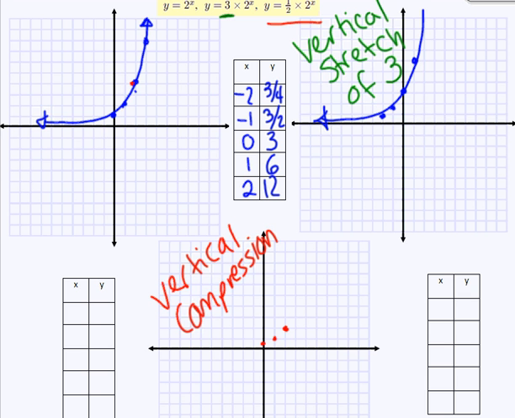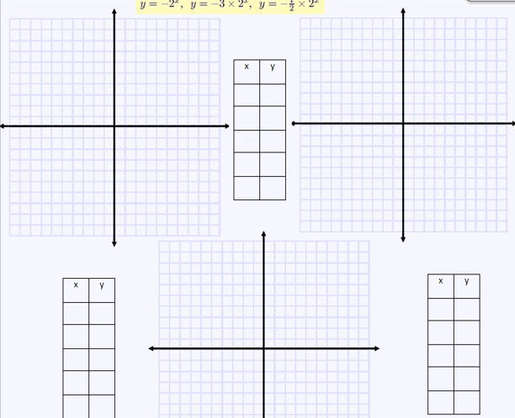Instead of 3, 8, we'll have 3, 4. So half of everything. It just doesn't rise nearly as fast. Okay, so vertical stretch, vertical compression, same as you would expect last unit.